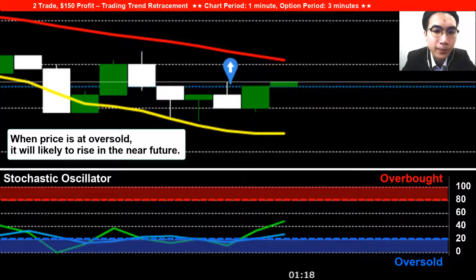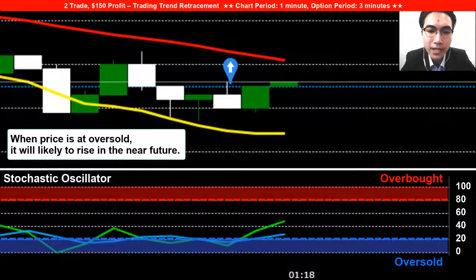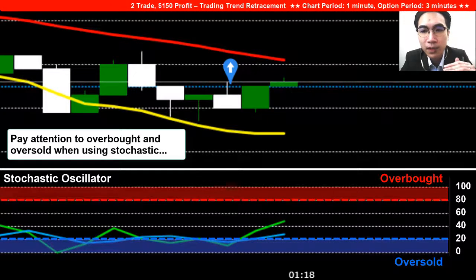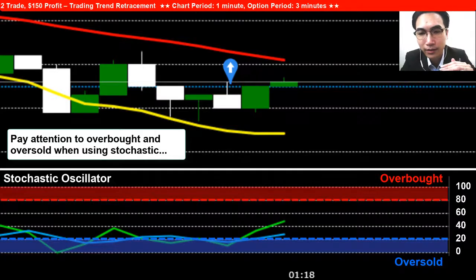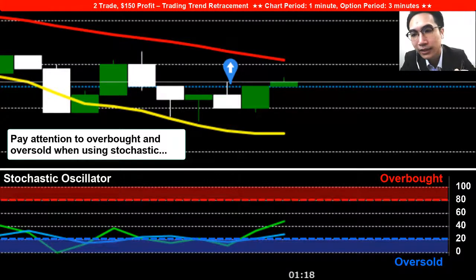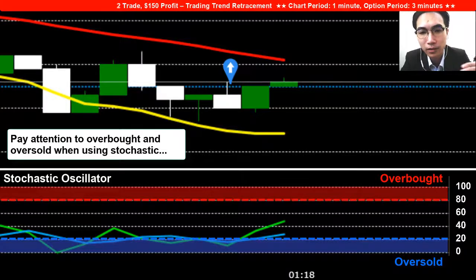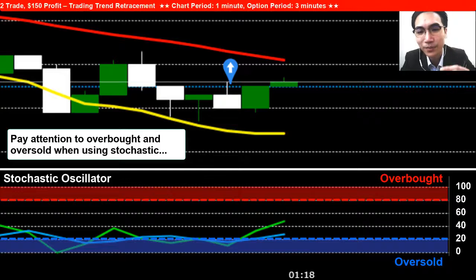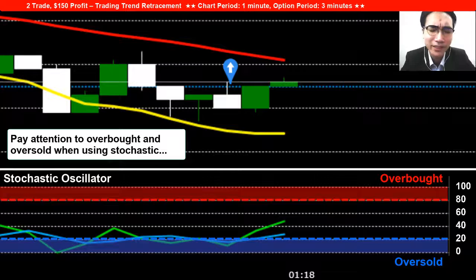That's about the overbought and oversold level. When you use the stochastic, all you need to do is look at the 80 and 20 lines. Once the lines inside the stochastic have gone above 80, the price is inside an overbought level. When the 2 lines go below 20, the price is within the oversold level. Pretty simple.